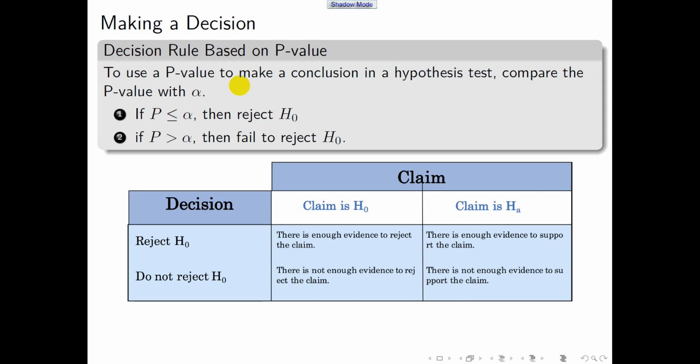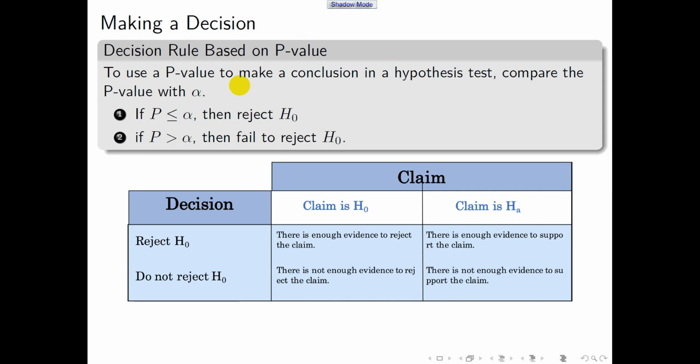If we reject the null hypothesis, we need to reject the claim as well. We need to say there is enough evidence to reject the claim. If we fail to reject the null hypothesis, it means that we support our claim, because our claim is the null hypothesis. We say there is not enough evidence to reject the claim. Basically, we support the claim.